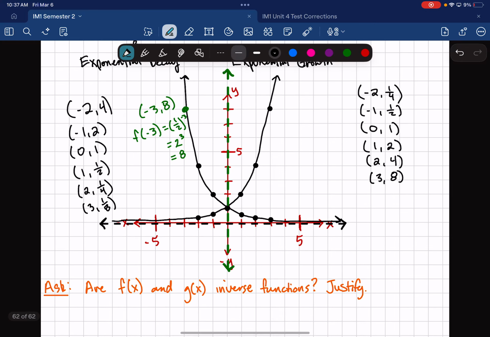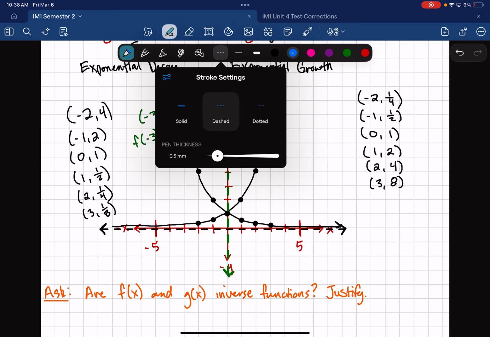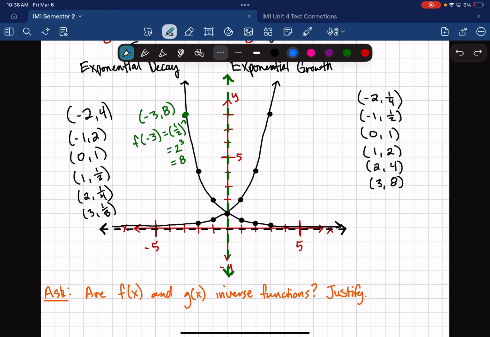Well, remember last class I said an inverse function, I use a different color here, reflects across a certain line. Do those functions reflect across that blue line?